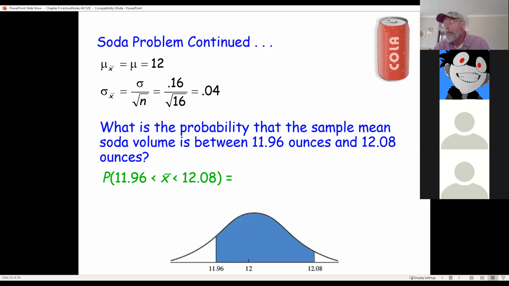Here is a normal distribution, and the center of that distribution is right at 12. So don't let your eye fool you, this is actually normal. How would we go about understanding what the area under this curve is in blue? How would we do that?